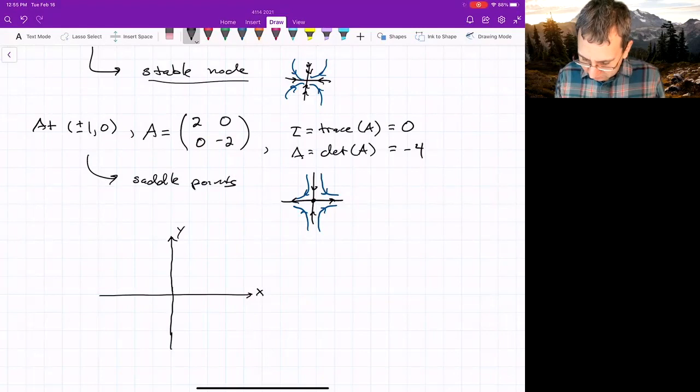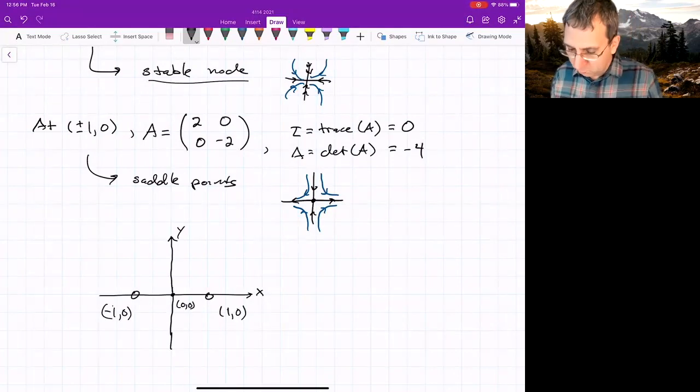We know there are saddle points, this one and the saddle point over there. Let's call this 1, 0, and that's negative 1, 0. And then the origin, 0, 0, is stable. We expect that the nearby phase portrait is going to look something like these two figures.